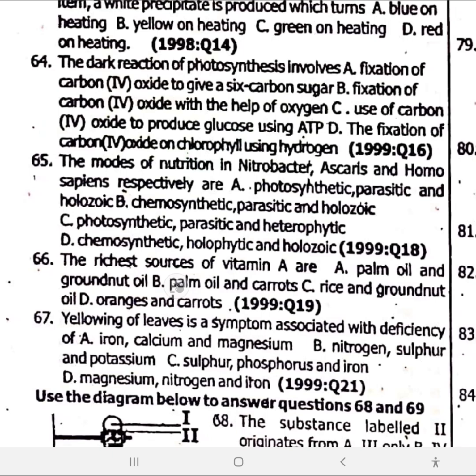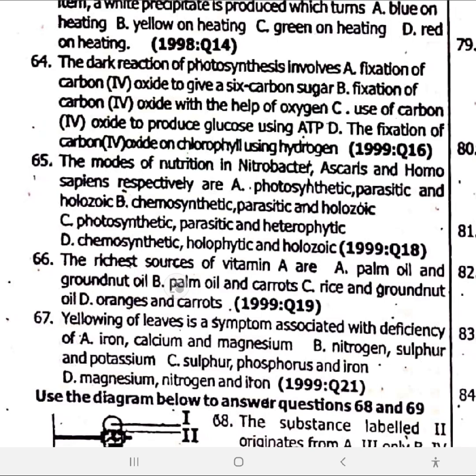Which is option B. I would like us to take some points down. Nitrobacter and Nitrosomonas, their mode of nutrition is by chemosynthesis. Next, animals, their mode of nutrition is holozoic. Herbivores feed on plants only.